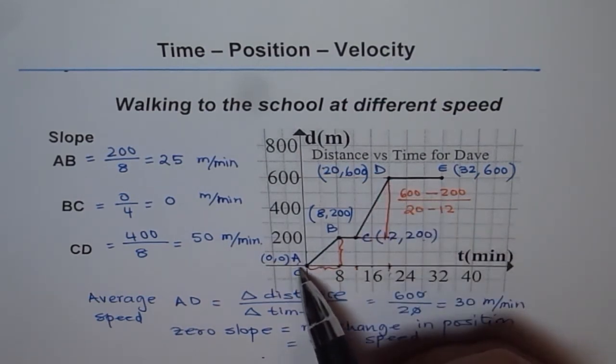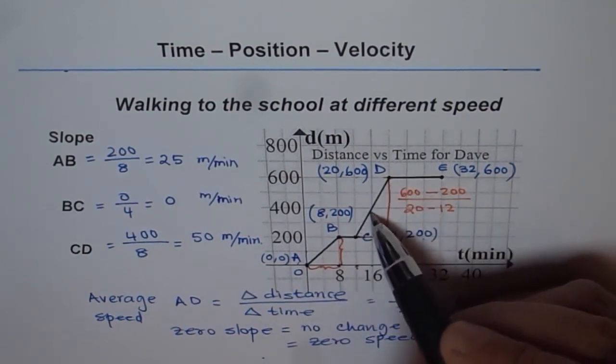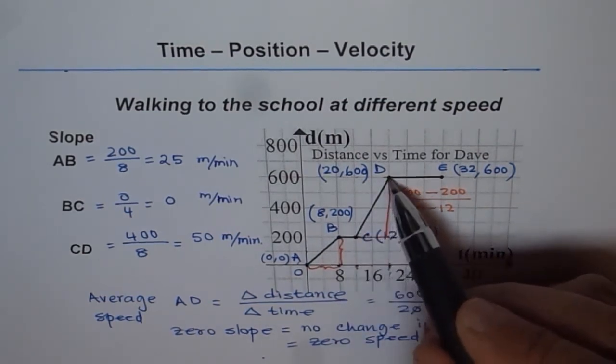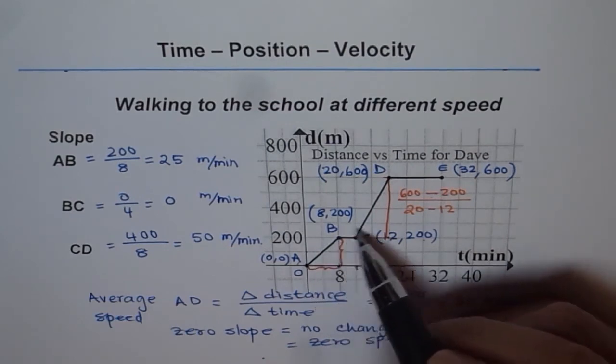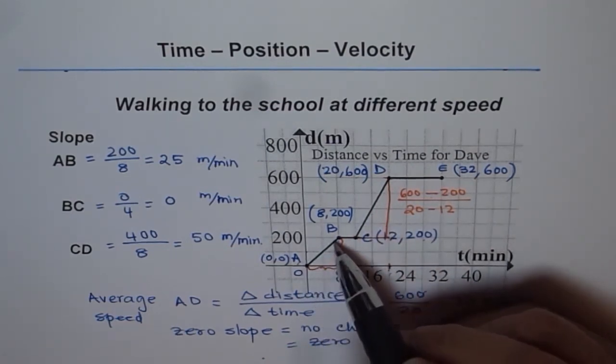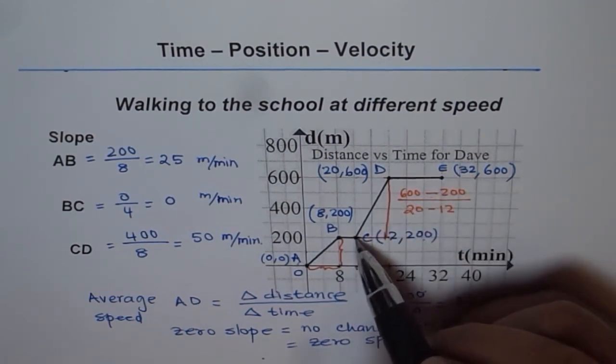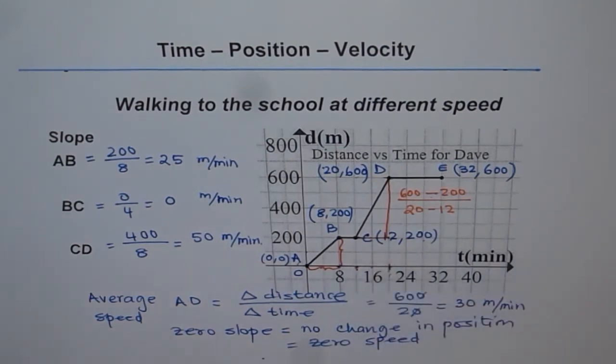Here the slope was 25 and then it was 50. That means the speed doubled on the leg CD as compared to leg AB because it was much steeper. So along the path AB, Dave was slower as compared to CD, right? So these are a few more things which we can see from the graph.